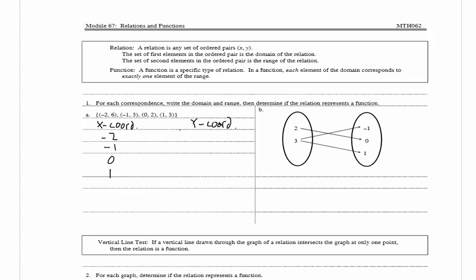And our y-coordinates are 6, 3, 2, and then 3 again, so we don't have to write that number again. So we have -2 goes to 6, -1 goes to 3, 0 goes to 2, and then 1 also goes to 3.